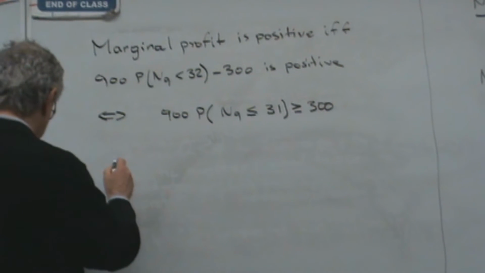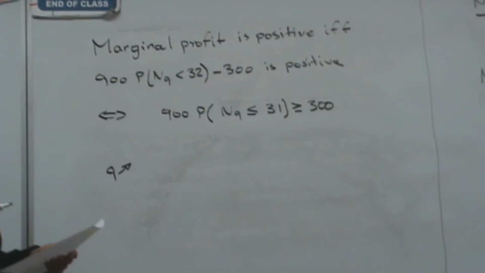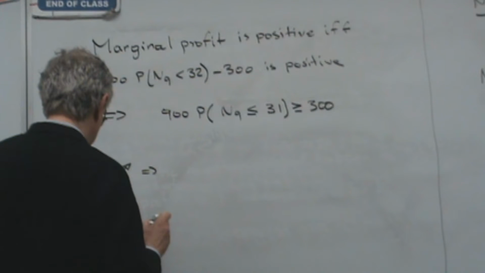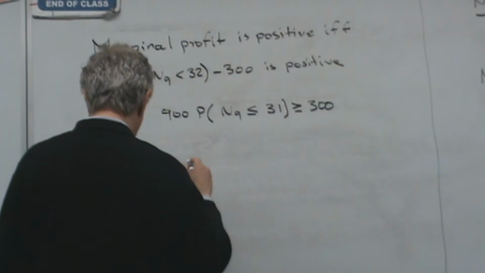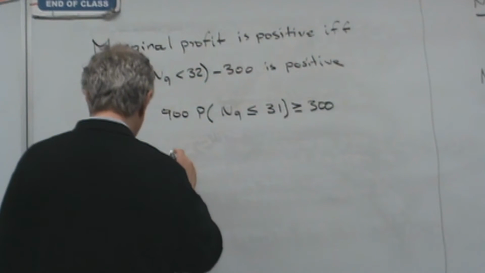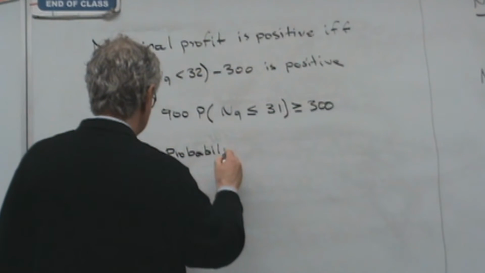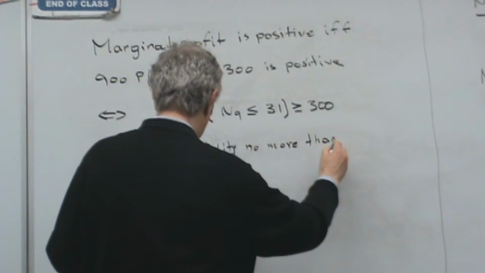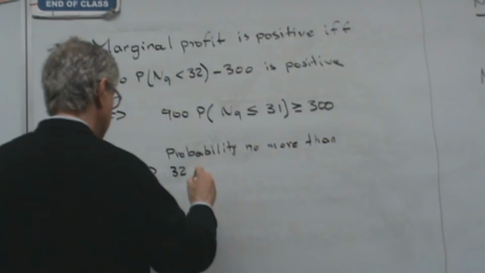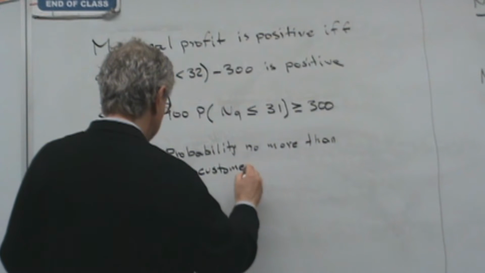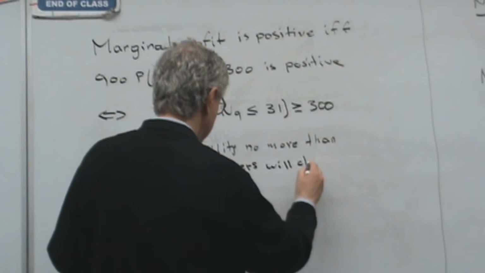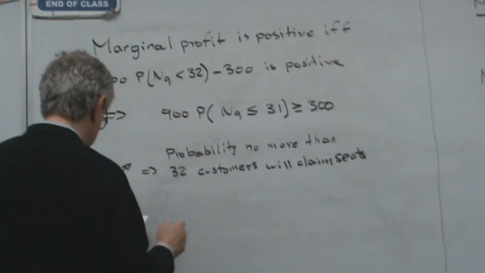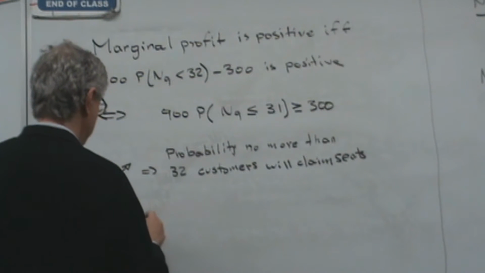Now as we increase the number of reservations that we accept, the probability that no more than 32 customers will claim seats goes down.